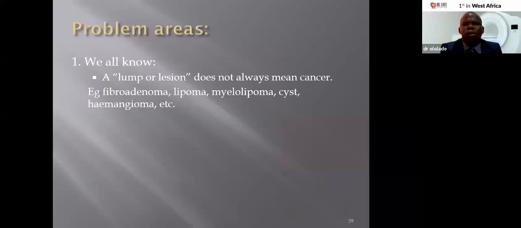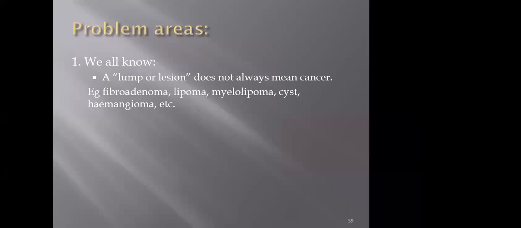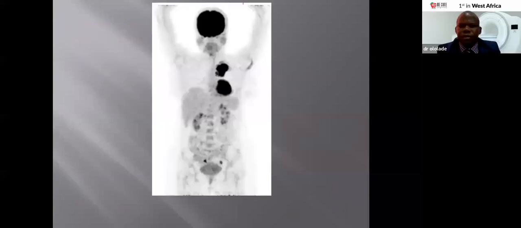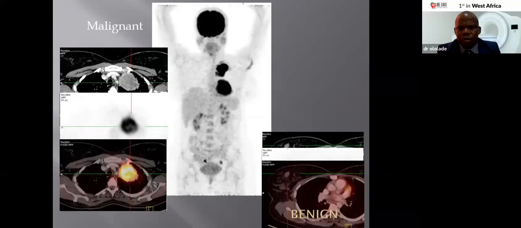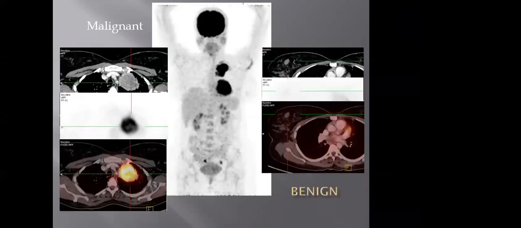Coming to problem areas, we all know that a lump or lesion may not always be a cancer. It can be a fibroadenoma, lipoma, myolipoma, cyst, or even a hemangioma. To highlight, this is an example of a CA lung. This is a lung mass which is positive on PET, definitely metastatic.